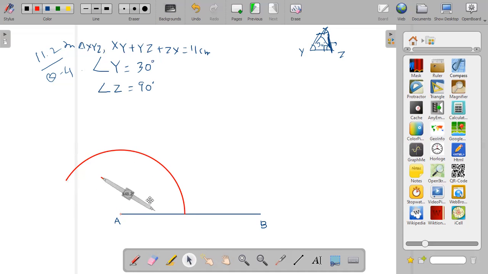So this, and don't change the arc, you get this is 60 degrees. So you have to find the bisector of this. So you can go ahead with the same radius, draw an arc here, another arc.